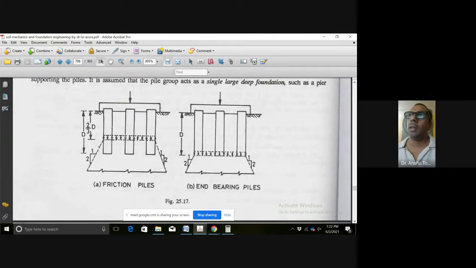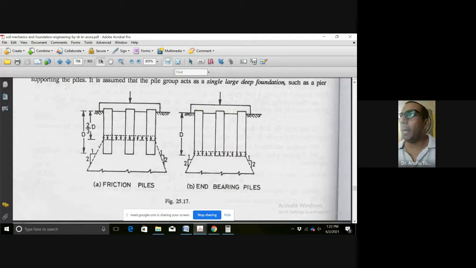This is because in friction piles, the friction of the shaft dominates. So up to here it is dominant, and that is why it has a certain dispersion angle of 1:2, so it will come out close to 45 degrees. This is going to be the way out if it is only a friction pile group.